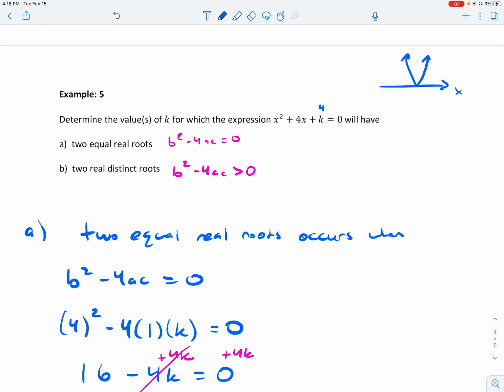If I want there to be two real distinct roots, then my expression needs to shift downwards. That way the parabola moves down, and then I have two solutions. As long as I make k smaller than 4, this will shift down and I'll be satisfying the criteria of two real distinct roots. So I can actually answer part B just by doing that.